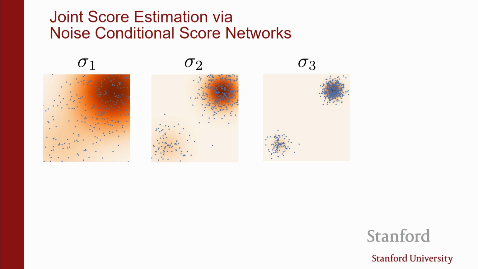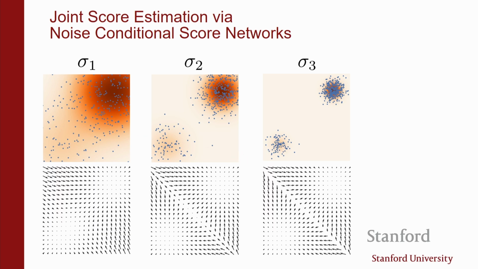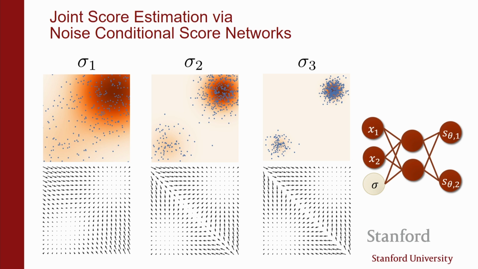And so you have these different views of the data distribution that have been perturbed with increasingly small amounts of noise. What you do is you train a single score network, which is conditional on the noise level. So it takes a sigma as an input, and it will estimate the score for all these different data distributions perturbed with different amounts of noise.